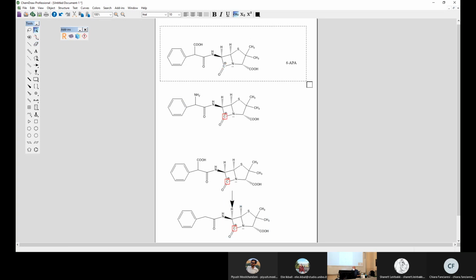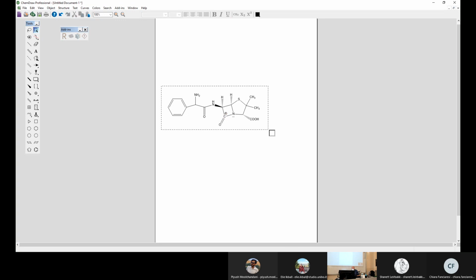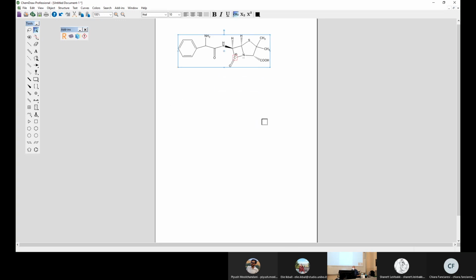And what happens with aminopenicillin? You see? We can take this compound orally. And what happens in our stomach? We can have the protonation of the basic nitrogen atom on the side chain.